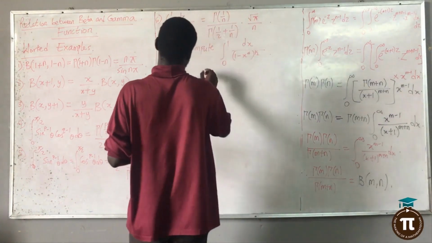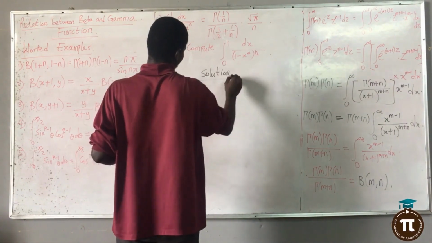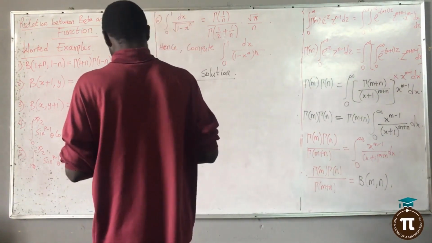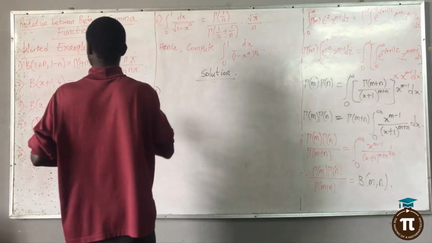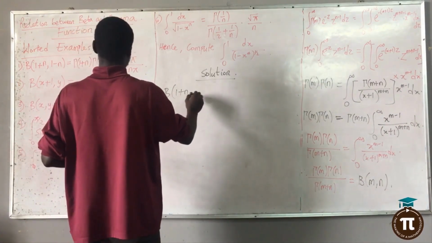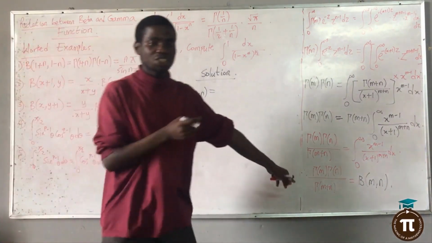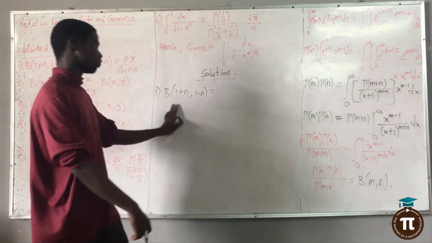Solution. Number 1, beta of 1 plus n, 1 minus n. Of course, from the relationship between the beta and gamma functions, I will just use this.